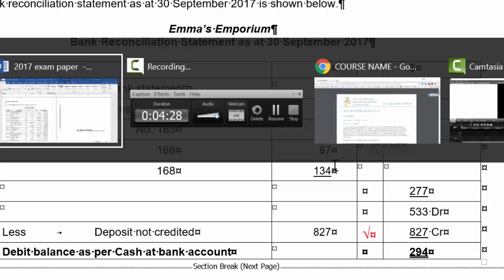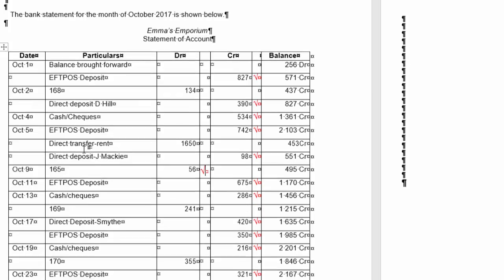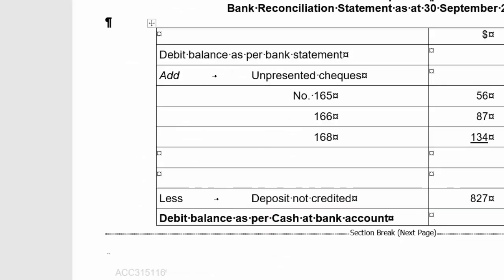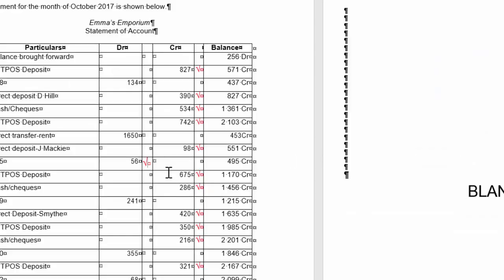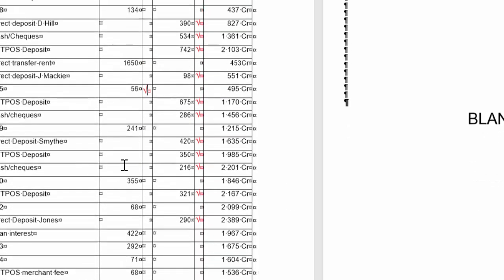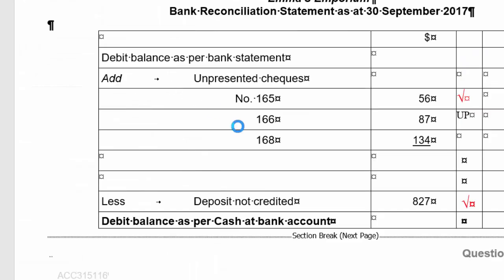The 166.87, check 166, that's still outstanding. I'm just going to put unpresented there, as they're going to be unpresented for the next month of October. Just check 168, 134. I'm just going to check to see whether that one's there. That is here, so I'm going to tick that off.